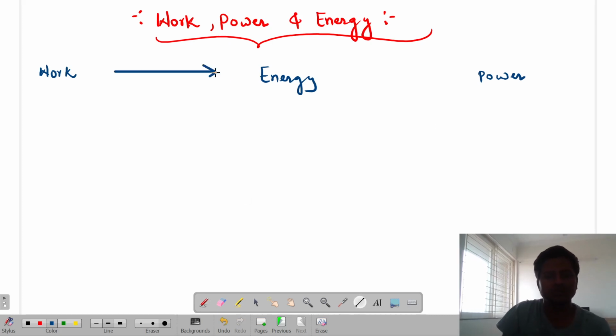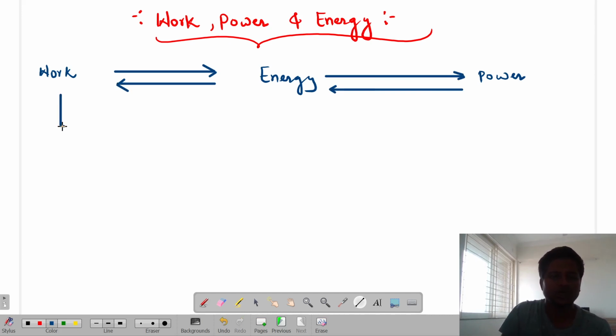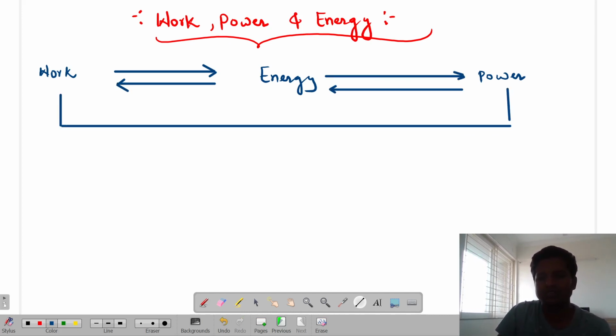Work is related with energy, energy is related with work. Similarly, energy is related with power, and power is related with energy. And then there is a last connection between work and power also, because energy is related with both of these two quantities. Are you able to get me or not? So there exists an interrelation between all these points.